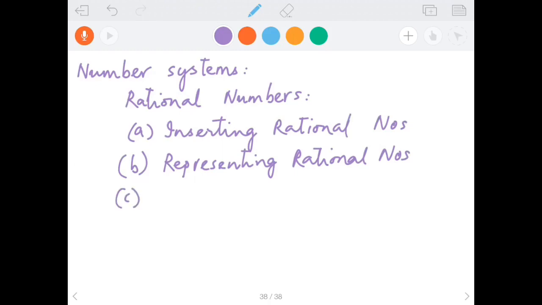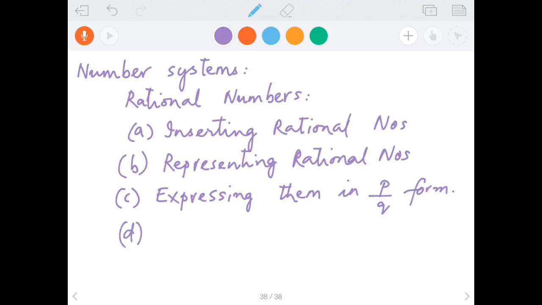Third one was expressing them in the form of P by Q, which is their standard form. So that was expressing them in P by Q form. And we did this for both terminating as well as non-terminating recurring numbers. And the last one we spoke about, that's D, is that rational numbers can always be of two types.